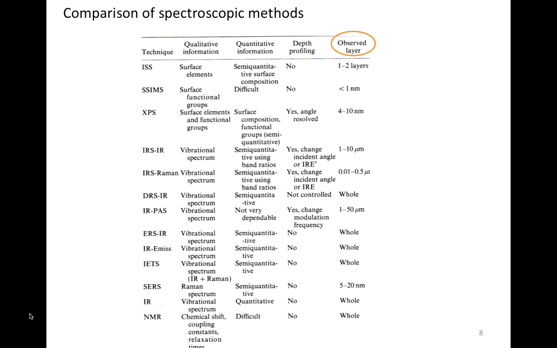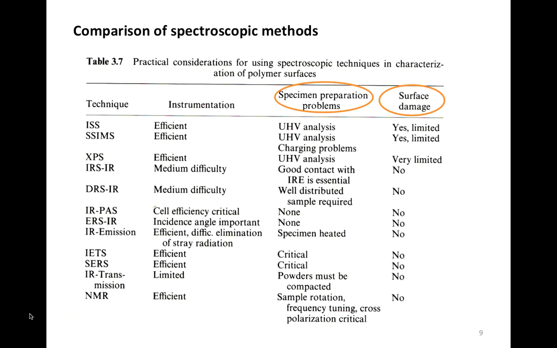So in general, I would say that you can get quantitative information on the surface, but you have to be careful, and you have to try to use some other techniques to confirm your findings. Then you can also compare these techniques in the way that you analyze the different materials.